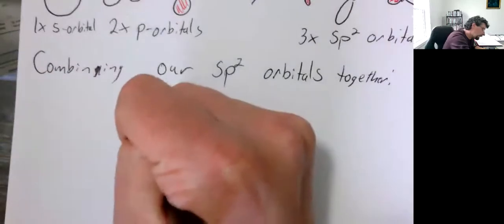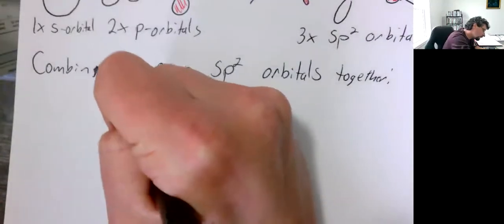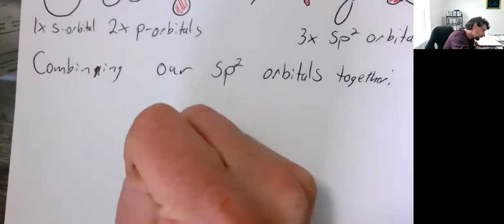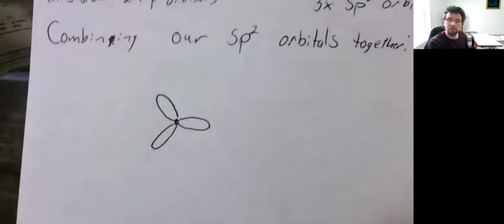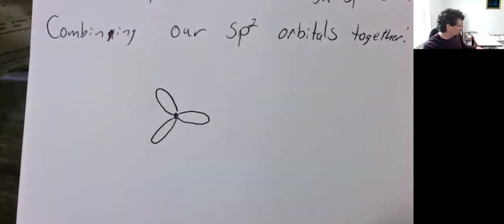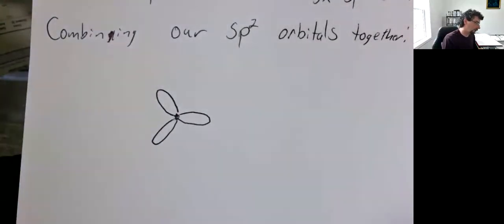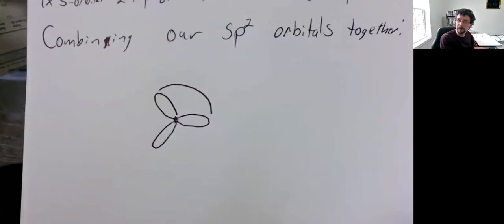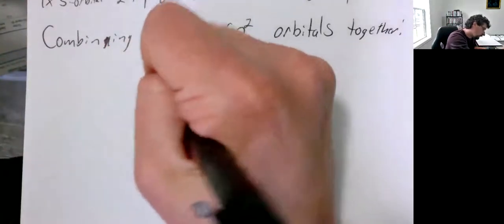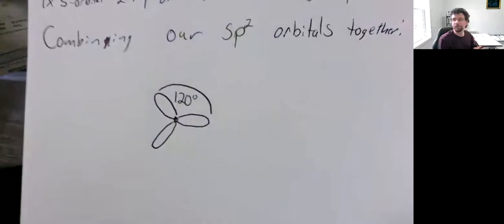And what ends up happening is 1, 2, 3. This is the combination of all of those sp2 orbitals. And if we measure this bond angle around here, I bet you can guess what the bond angle will be. It is 120 degrees.